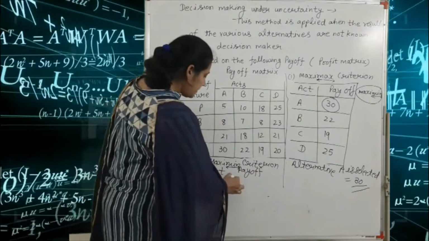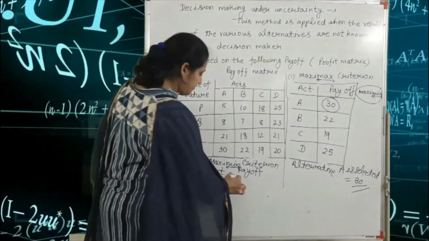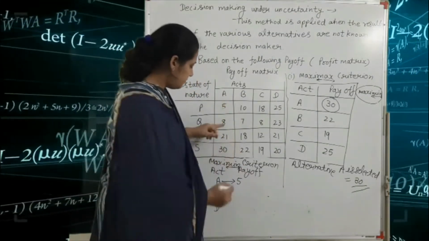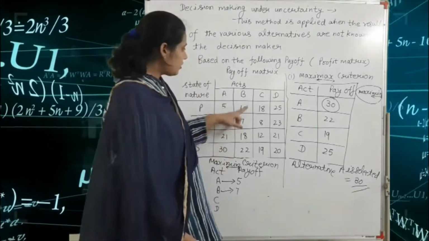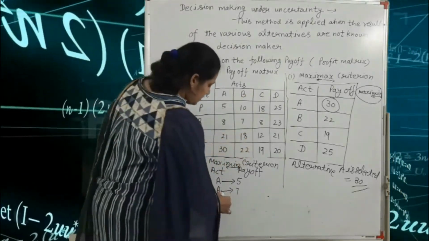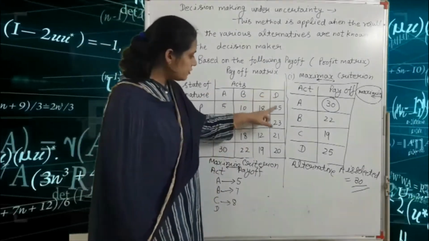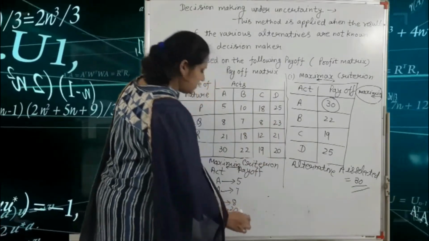According to alternative A, the minimum value is what? 5. Got it? According to alternative B, the minimum value is 7. According to alternative C, the minimum value is 8. And according to alternative D, the minimum value is 20.